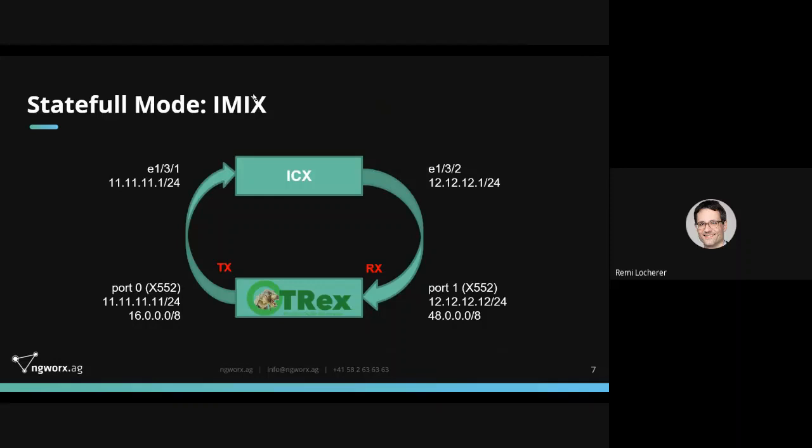That means there will also be reply traffic, which matches the initially sent traffic, so that it actually generates TCP sessions, for example, if it's a firewall that you're going to test. A stateful firewall, of course.